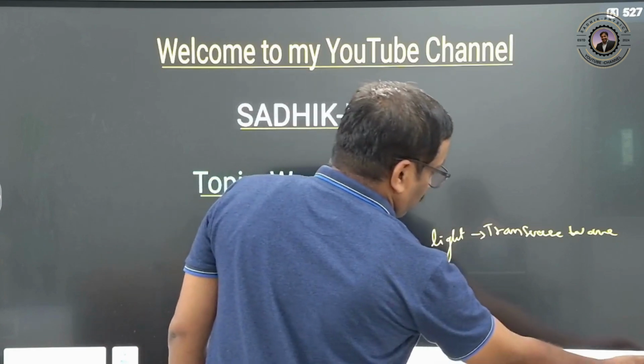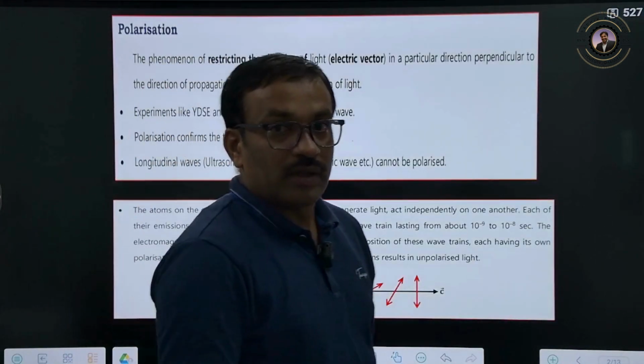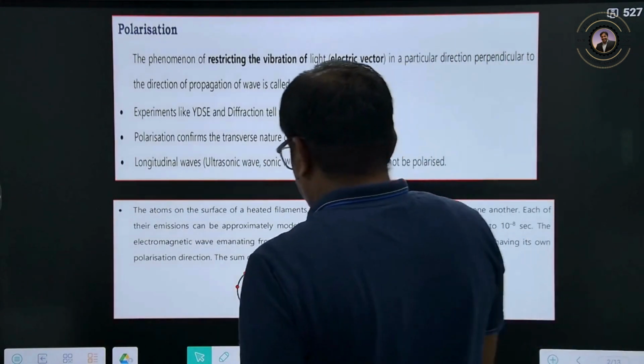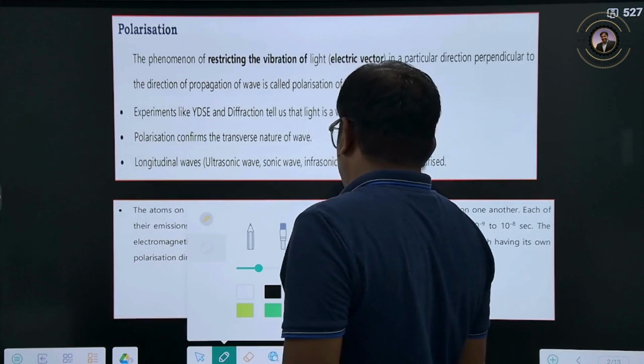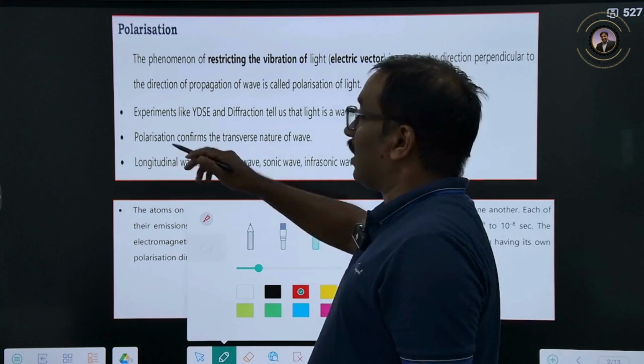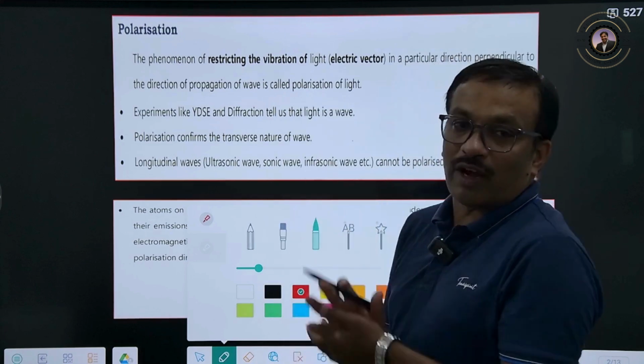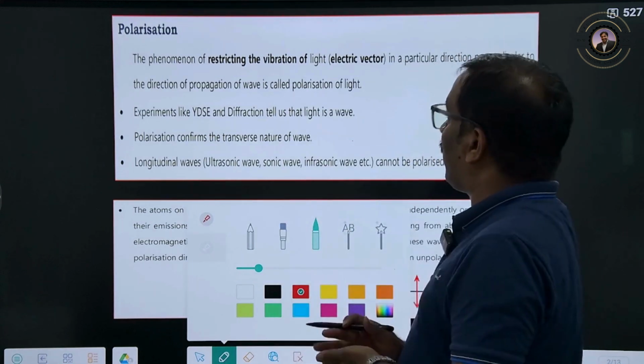So let us see what is meant by polarization. Polarization is nothing but restricting our light to vibrate only in one particular plane.